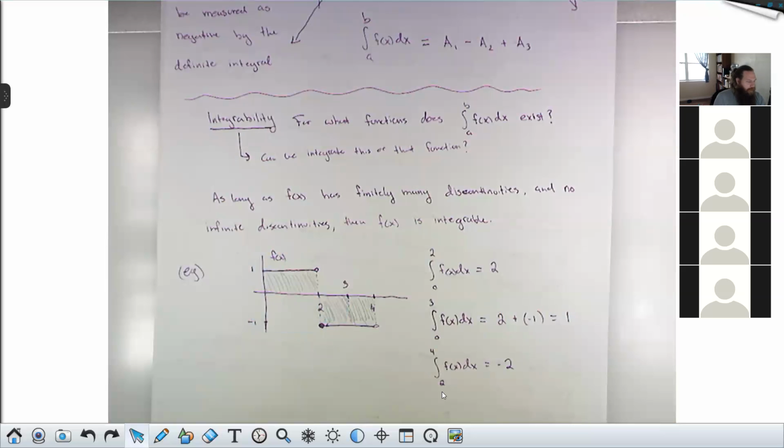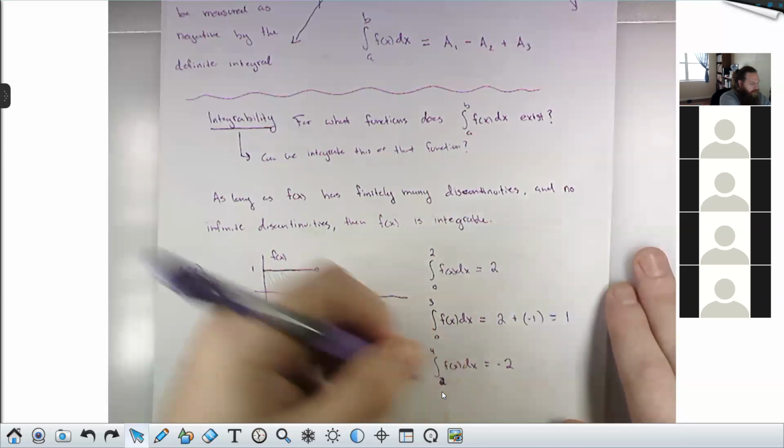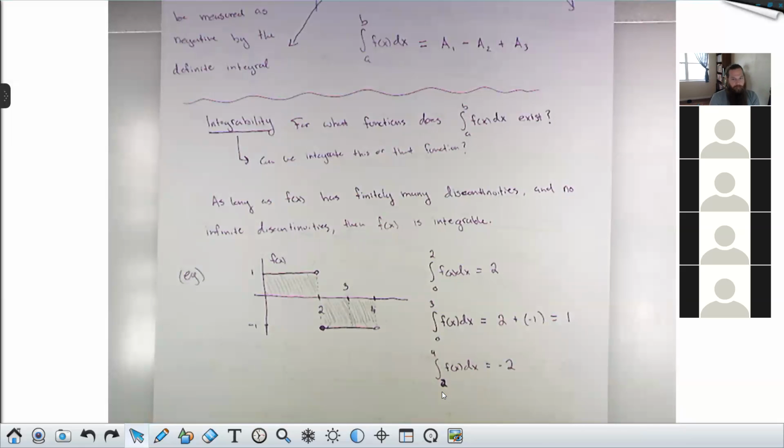And then down here at the bottom, we have the integral from 2 to 4. So that means I'm looking for all the area over here, all the area bounded by f of x and the x-axis from 2 to 4. So from this x value to this x value. Again, we have a rectangle, right? What's the area of this rectangle? Well, its width is 2 and its height is 1.